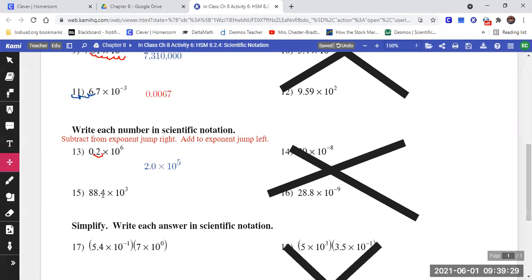Do I have one number in front of my decimal? And only one number in front of my decimal? Do I have one number in front of my decimal, and only one number in front of my decimal, for number 15?